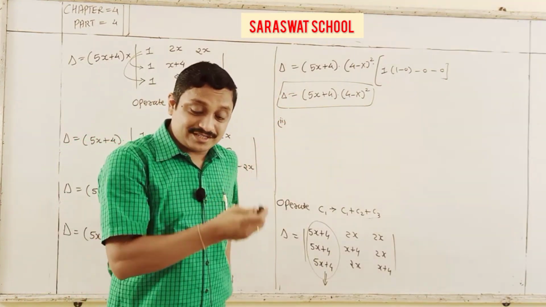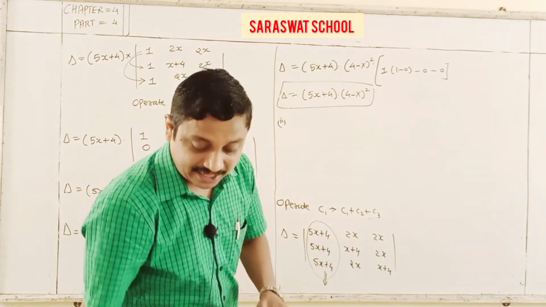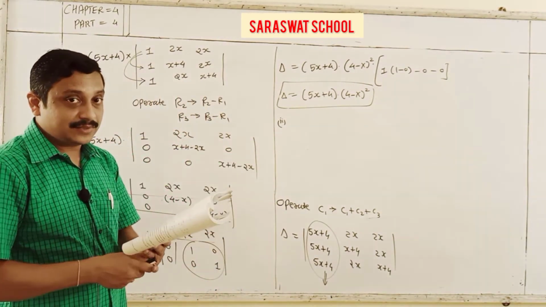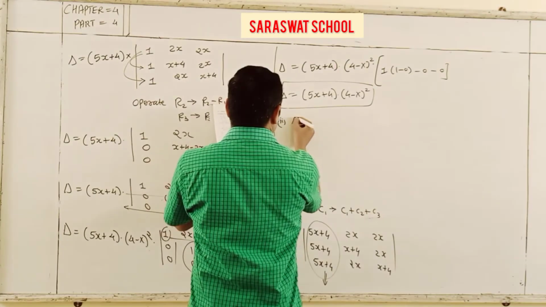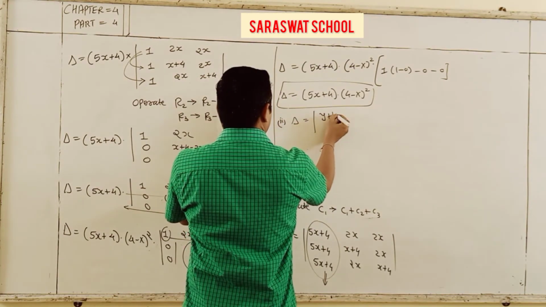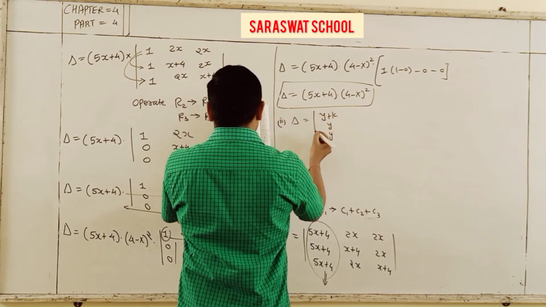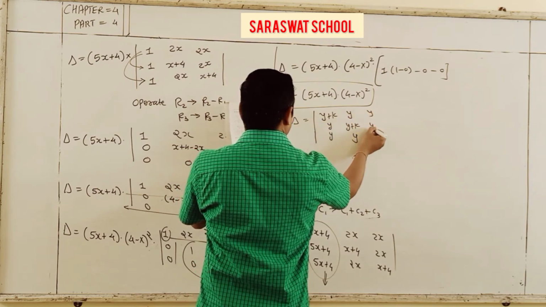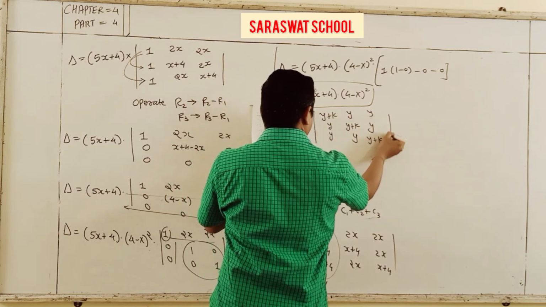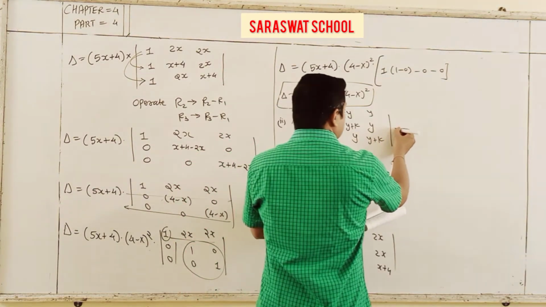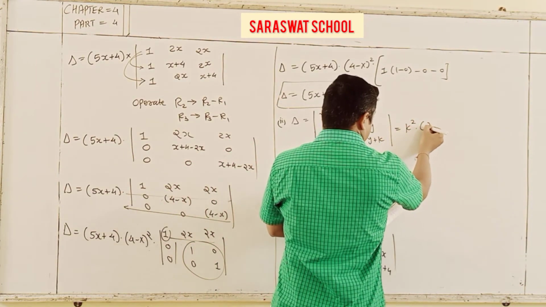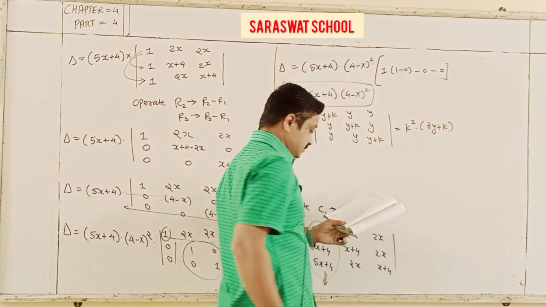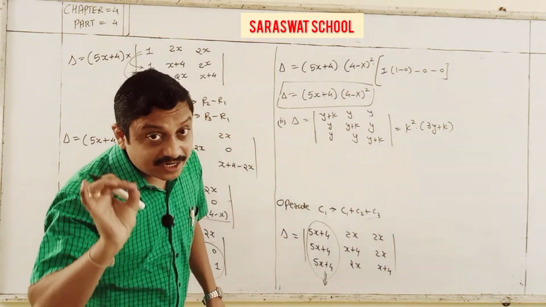Now moving towards the next question, 10th second one. That also has the same pattern, students. Your del y plus k, y, y, y, y plus k, y, and y, y, y plus k, and the answer is k square 3y plus k. Students, here I just create 3y plus k.